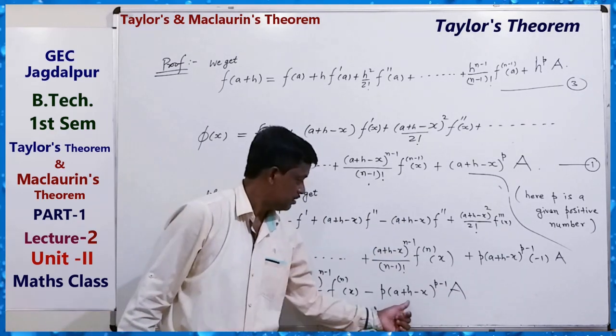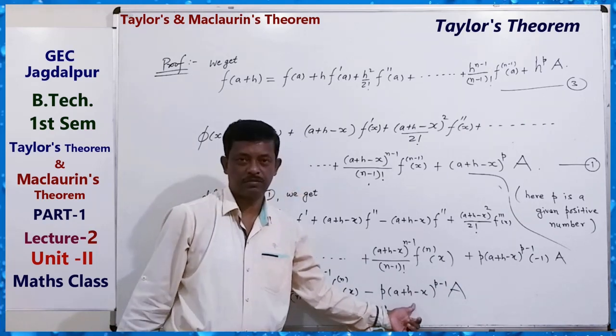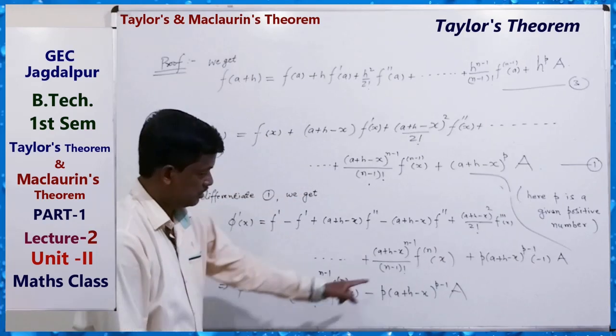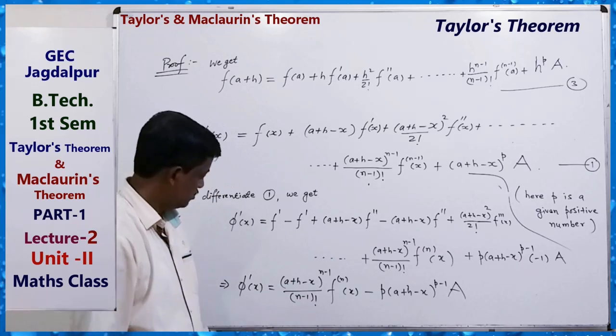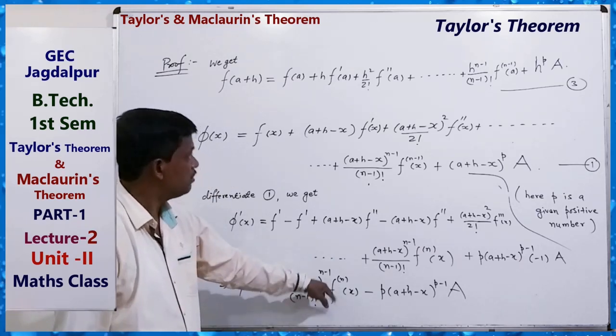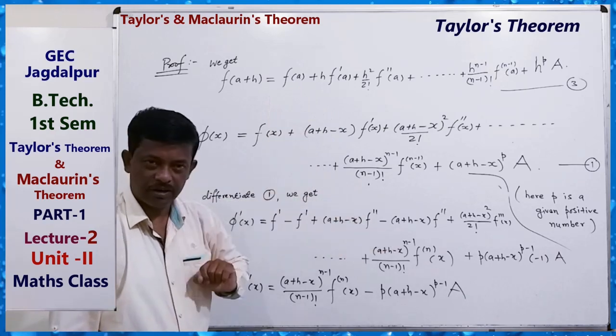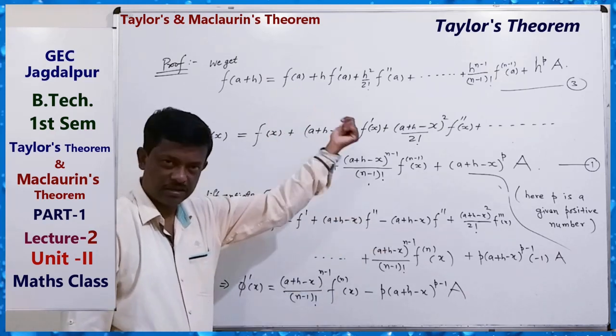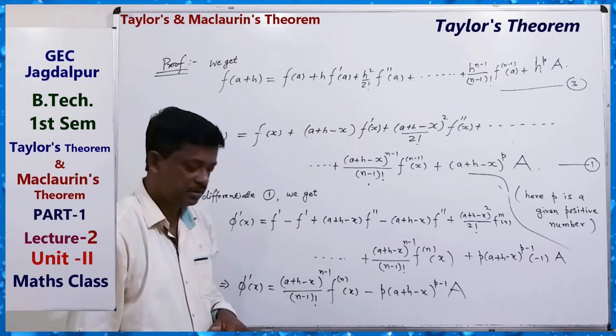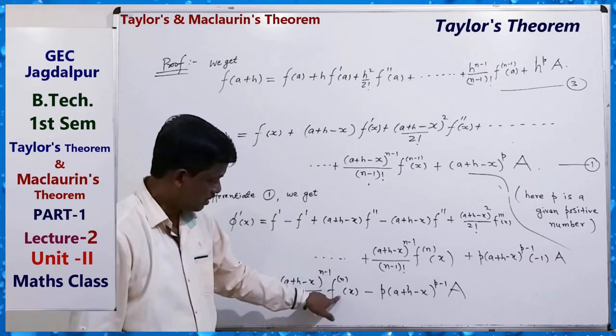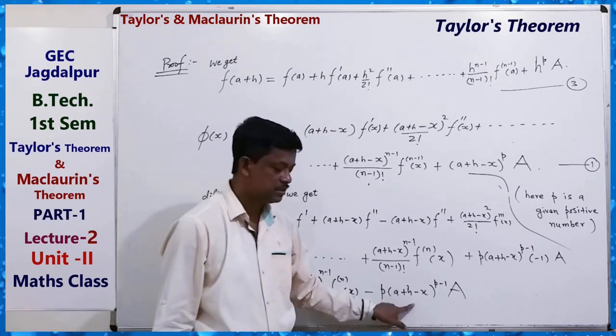This constant exists because p is a given positive number. So the derivative and the f n derivative exist in the open interval. It is given in the statement, in the conditions of Taylor's theorem. So this exists, this exists.